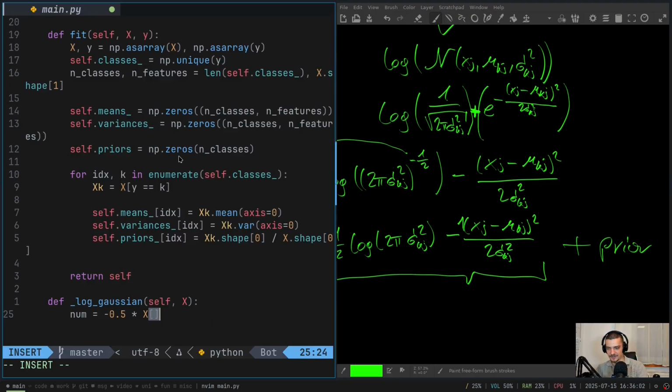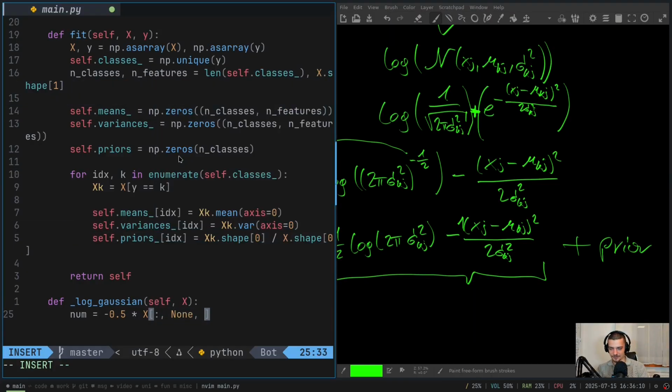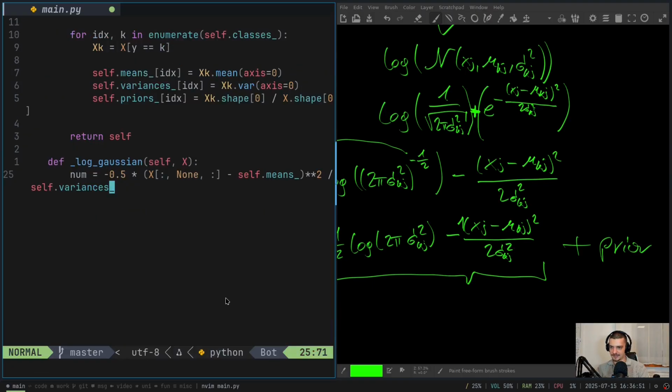So we need to take x, but we need to say, give me the first dimension, so all the samples, give me None, so no classes here, or not considering the second dimension here, and then give me everything again for the features, and we take that minus the means. So self.means_, actually I also need to put that in parentheses here, squared. That is the top part. We now also need to divide by the variance. So we take all of this divided by self.variances_. That is that. Now let me center this.